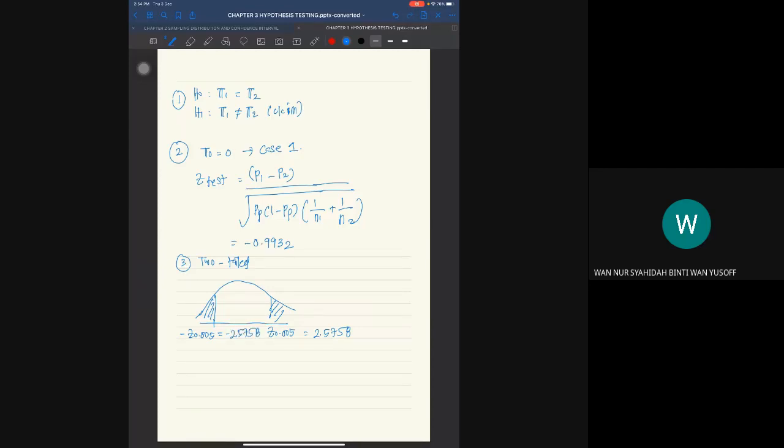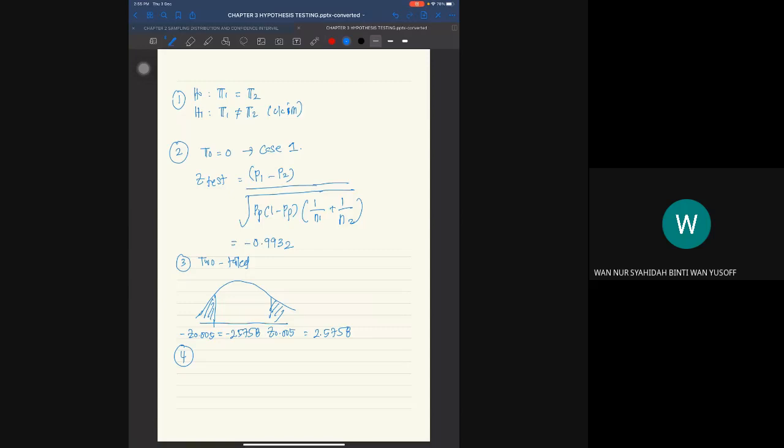Okay, so when we have a two-tail case, it is compulsory to state both critical values, the lower critical value and also the upper critical value. Okay, so your Z test, and then step 4, decision. Your Z test, negative 0.9932, is in between.